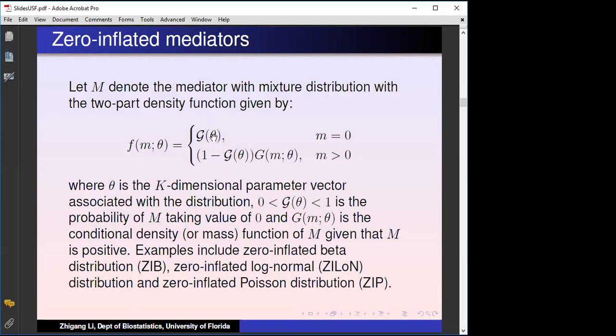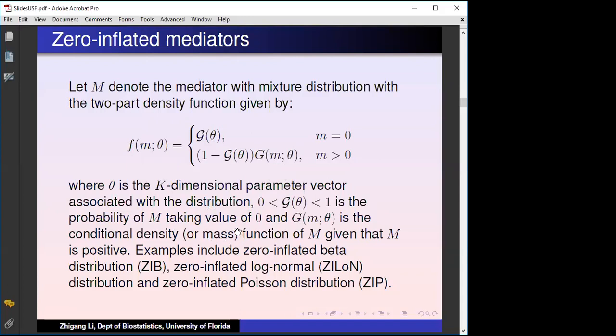The script G theta is the probability of the mediator equals 0, and G(M, theta) is the distribution density or the mass function (PMF) conditional on the mediator being non-zero or positive. So this is a very general formulation. It can be applied to microbiome data.